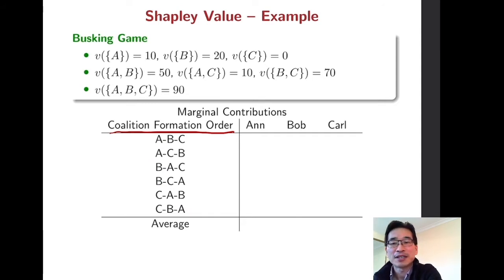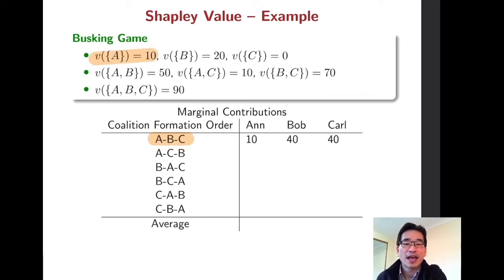And for any particular order, for instance ABC, A forms a coalition first, then A takes her own marginal contribution. Without her, the value was 0, so she takes 10 from 0.